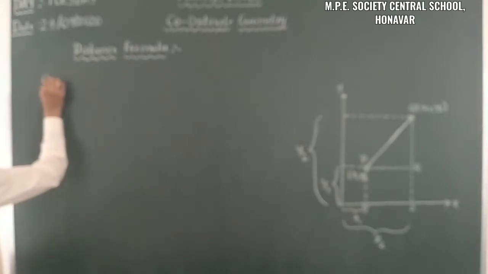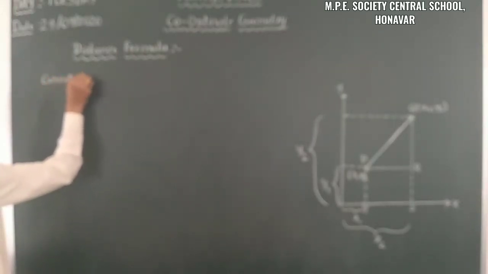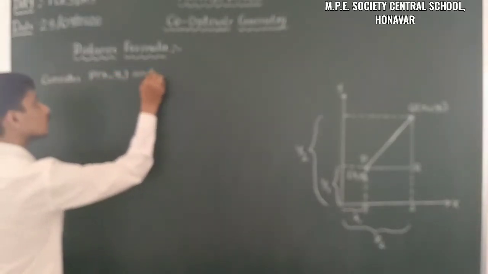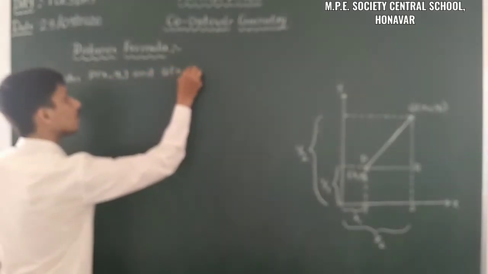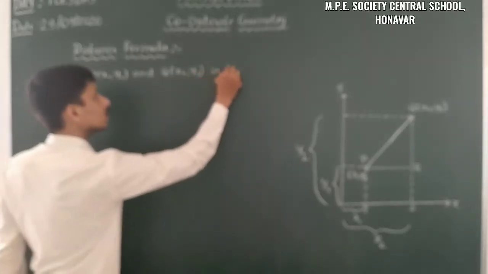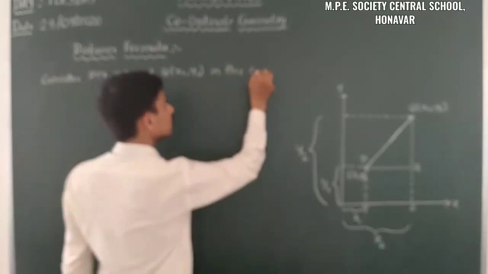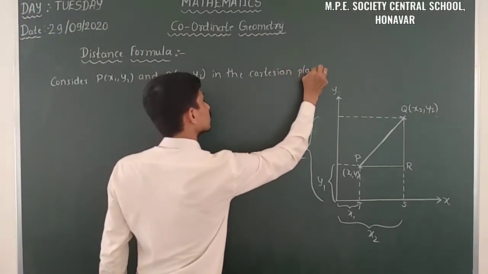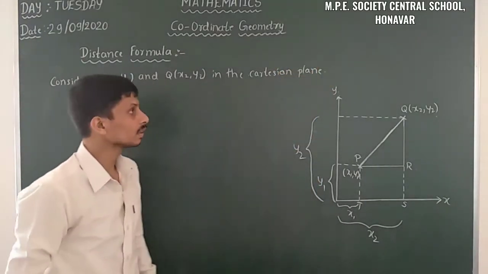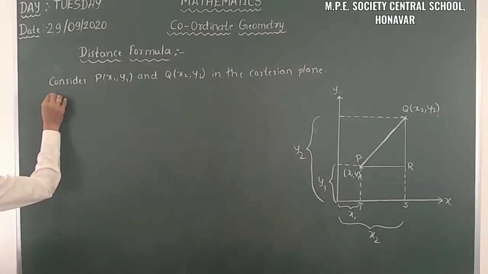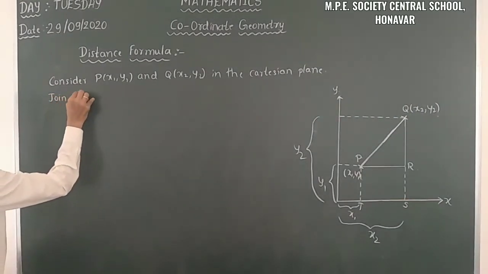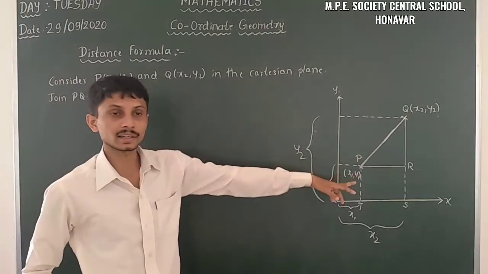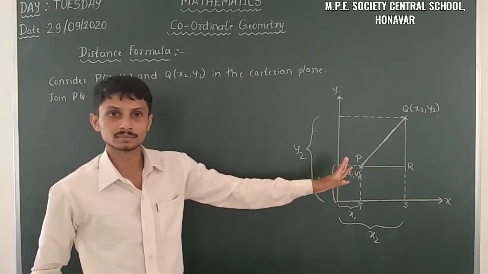Consider P of x1, y1 and Q of x2, y2 in the Cartesian plane and join PQ. Then we construct a triangle, PQR.